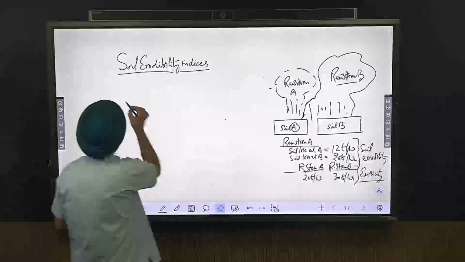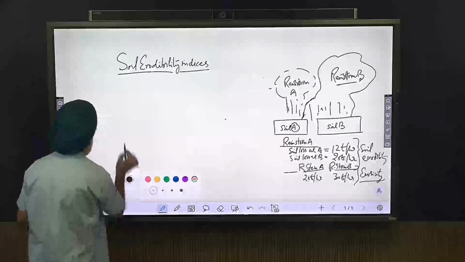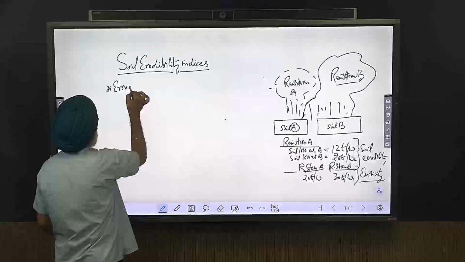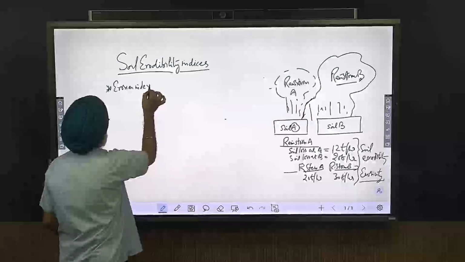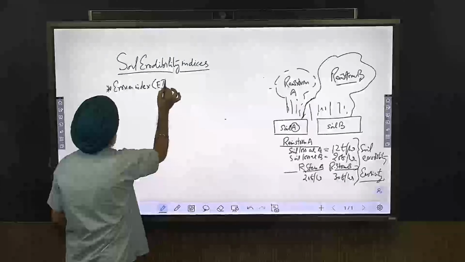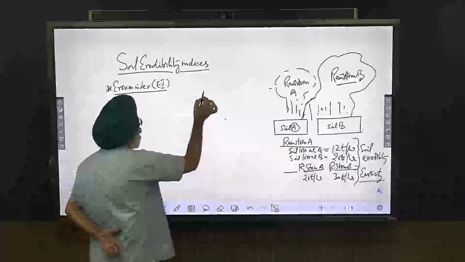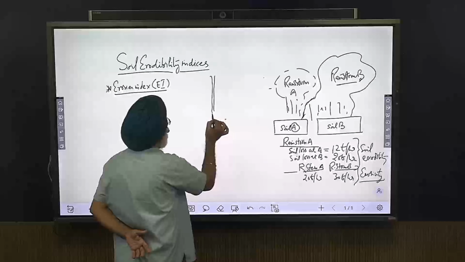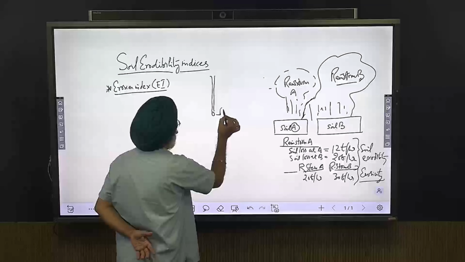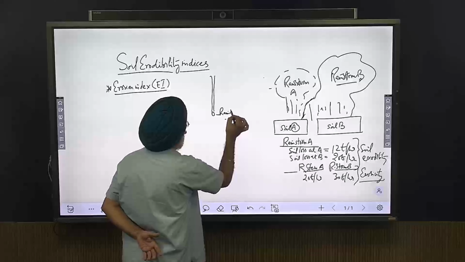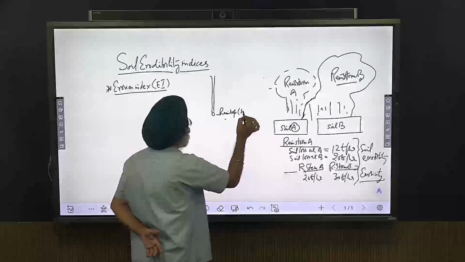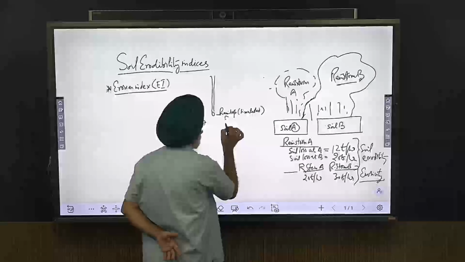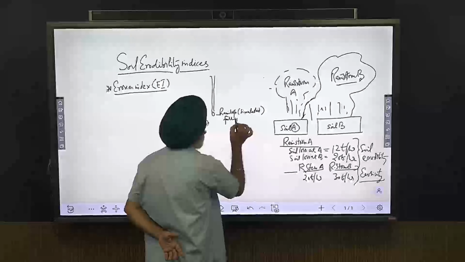So, this is erosion index, EI. What he did was, he simulated a raindrop under lab conditions, falling from a height of 1 meter.